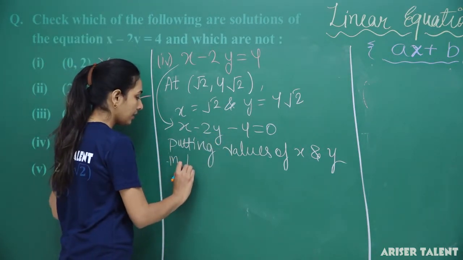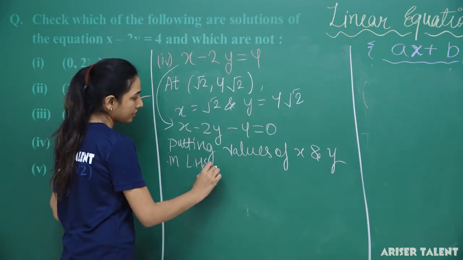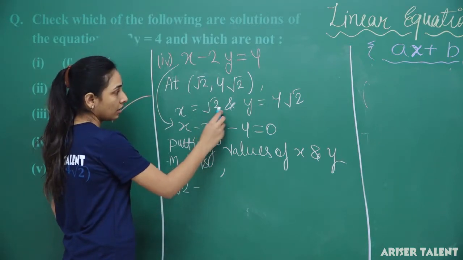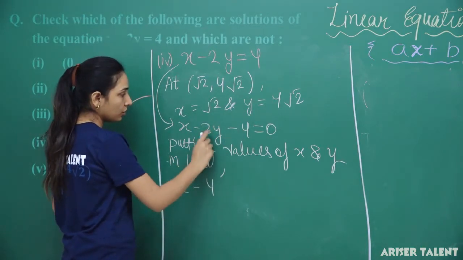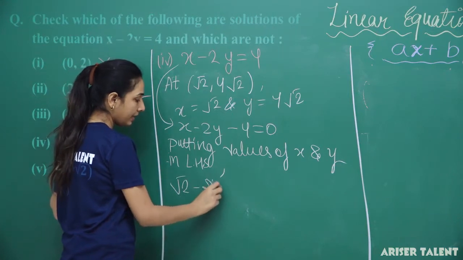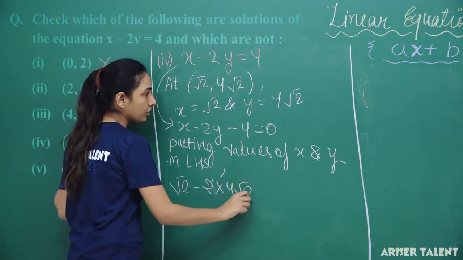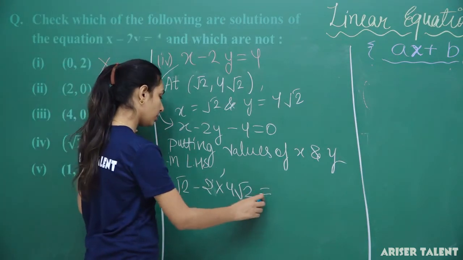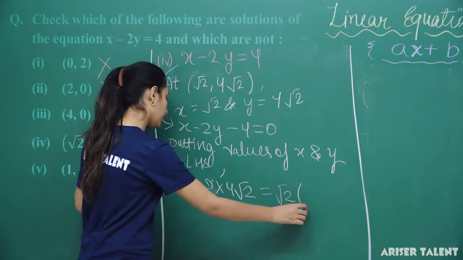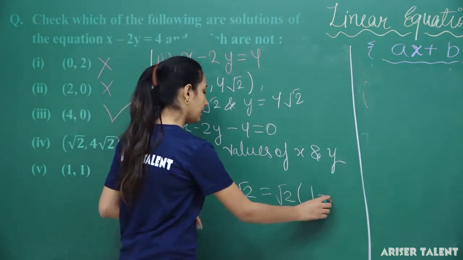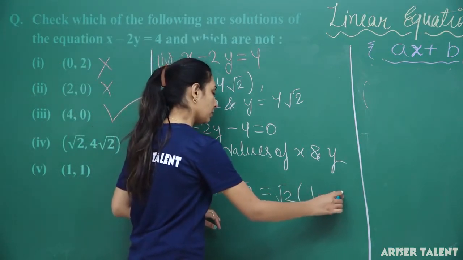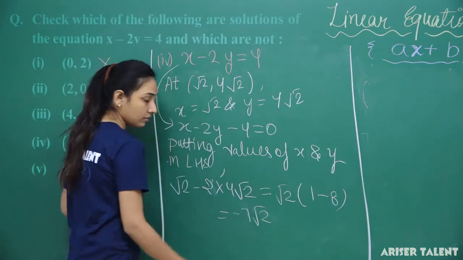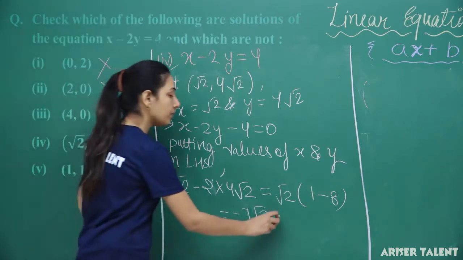In the LHS, x is root 2 minus y, which is 4 root 2, so 2 multiplied by 4 root 2, that is 2y. Taking root 2 common, it will be 1 and that will be 8. So that will be minus 7 root 2, which is not equal to 0.